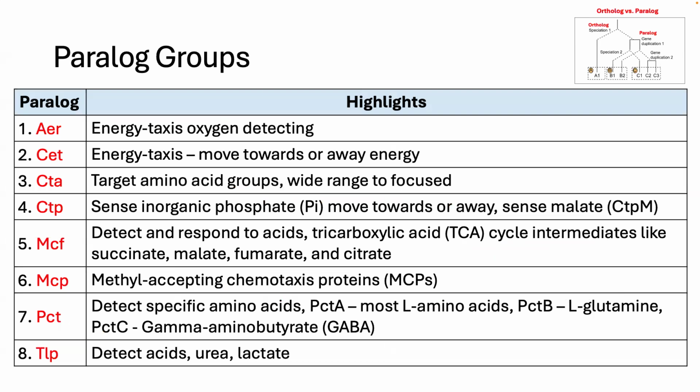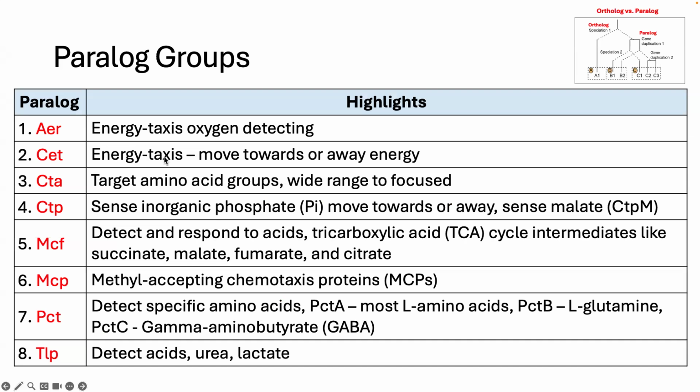So I'm postulating these 8 paralog groups, and I'll briefly give a description of what the commonality is among them. So Aer, and there's 3 of those, is an energy taxis that detects oxygen.